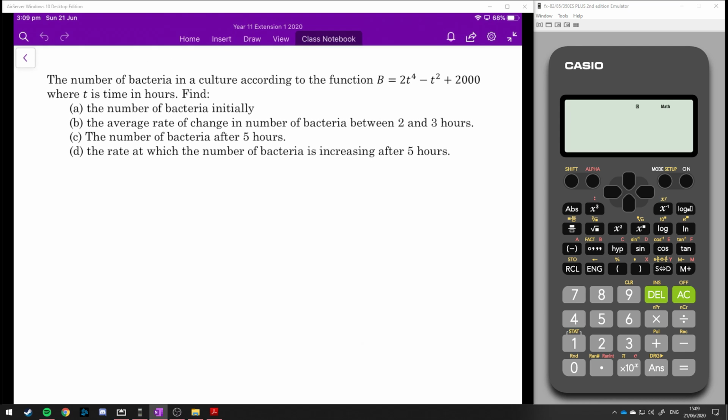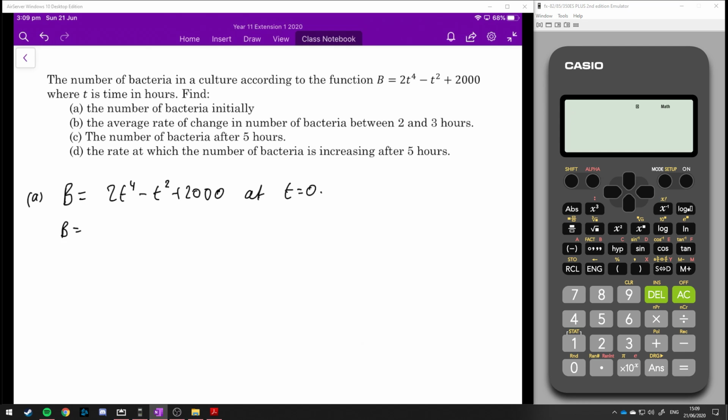To find the number of bacteria initially, B is equal to 2t^4 minus t^2 plus 2000, and we're looking when t is equal to 0. In other words, our initial time is when no time has passed, so when t is equal to 0.